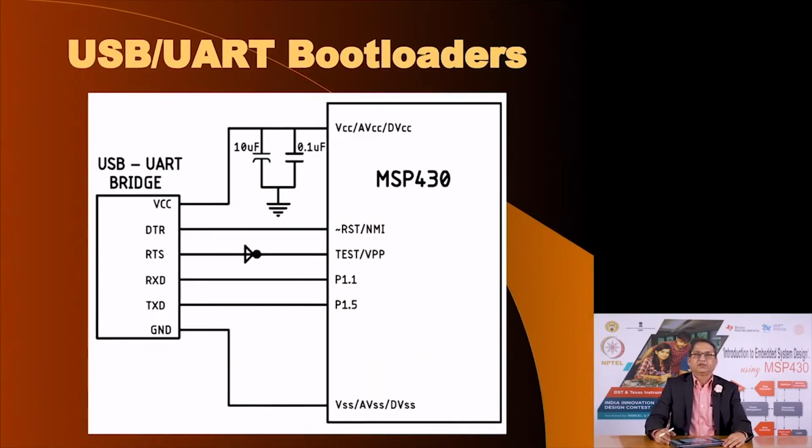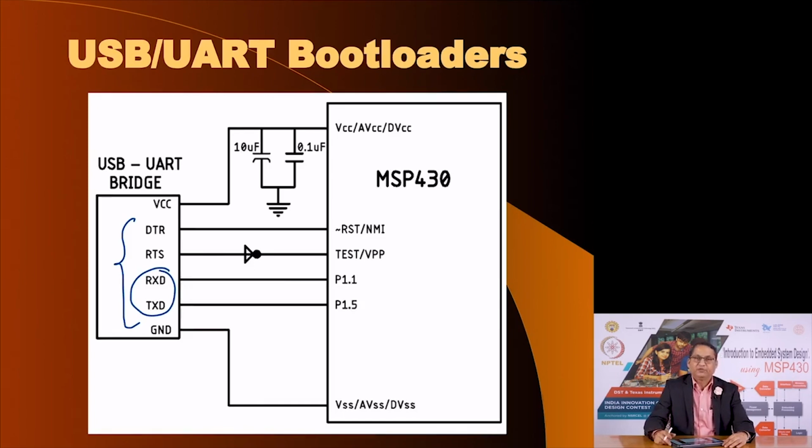These are the connections that are required for the USB and UART based bootloader. You need a mechanism, a bridge, as I mentioned earlier, which on one side connects to the USB and then generates the TXD and RXD communication signals. On the MSP430 there are two pins designated as TXD and RXD.